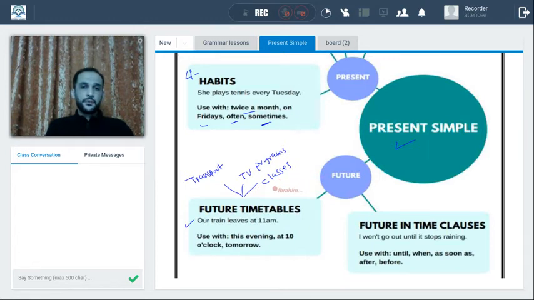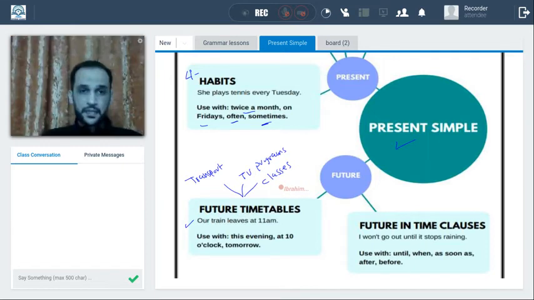For example, when I say the science lesson starts at 8 o'clock, it means that every day at the same time, or every week, or 3 times a week, or twice a week, this lesson starts at 8 o'clock. So again, the present simple is used to express timetables in the future.